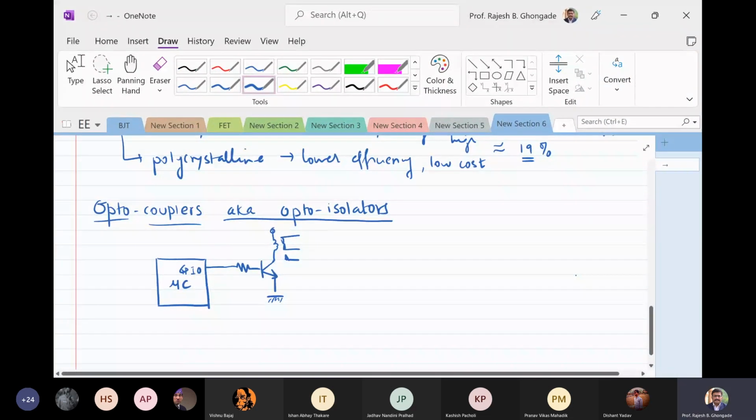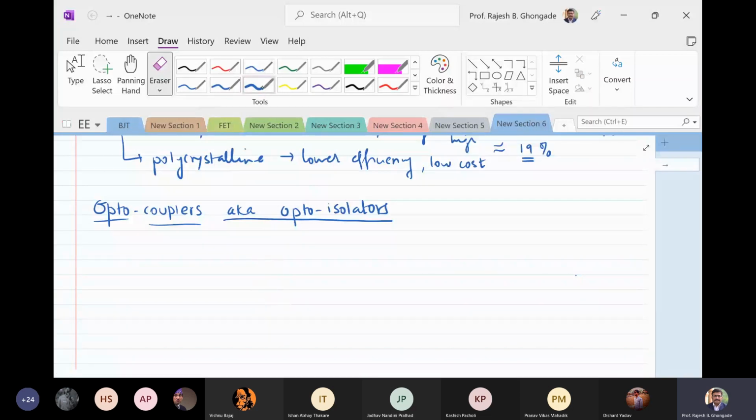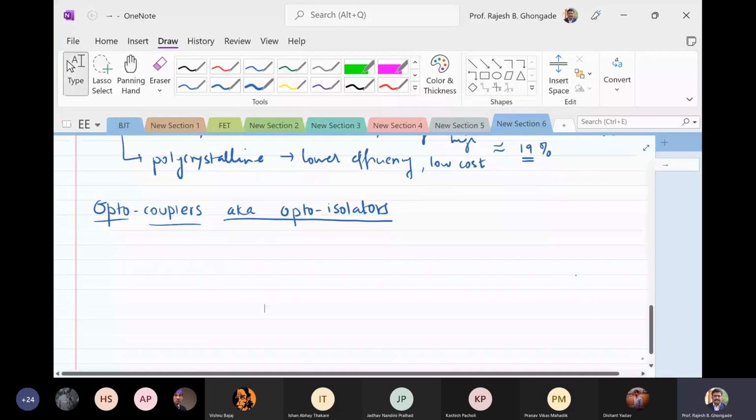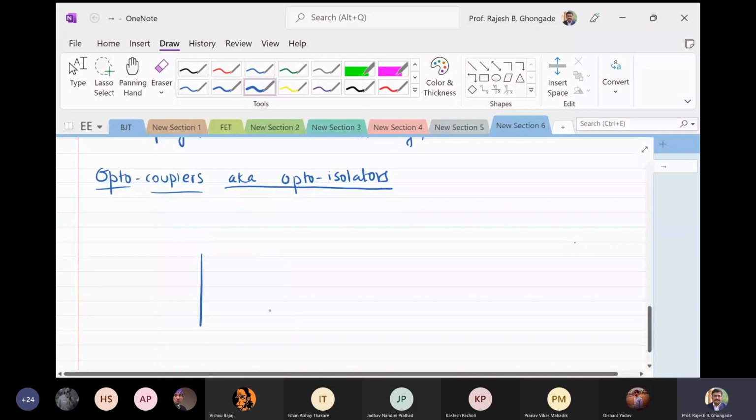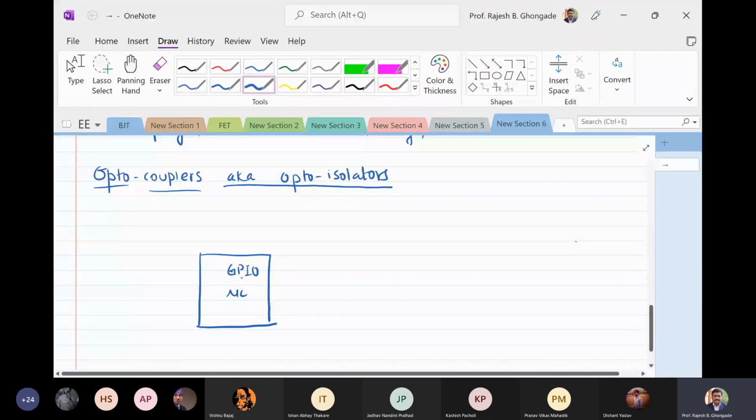Let me just use a bigger diagram so that it will not be confusing. So if I want to switch on a motor using a microcontroller, for example, you have a microcontroller like this. You have a GPIO which you are going to control. GPIO means general purpose input output pin.